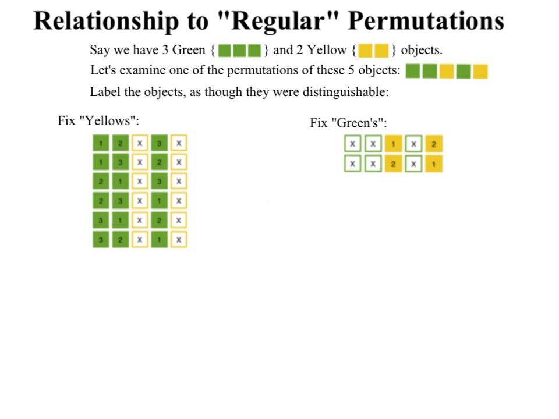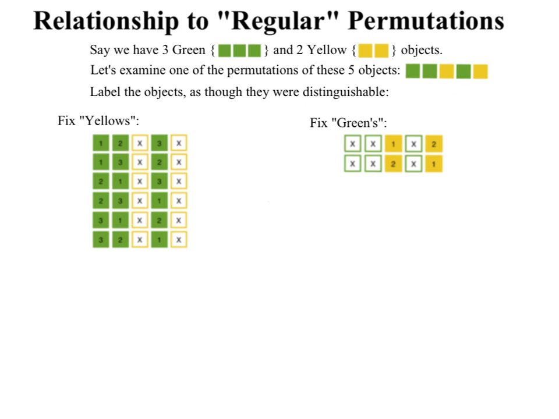i.e. we were counting it in the regular permutation method, let's break it apart into 2 different cases. First, we're going to fix the yellows, i.e. we're just going to look at the number of ways we can place, if we were to label these 3 green elements as 1, 2, 3, how many different ways we could place them such that they were in this form.